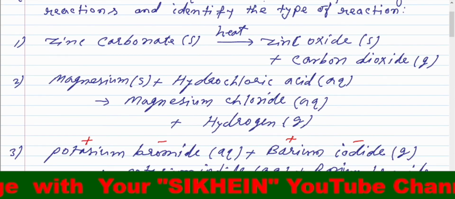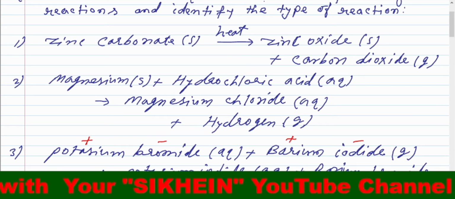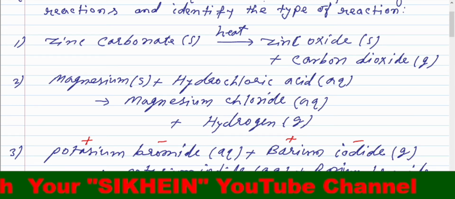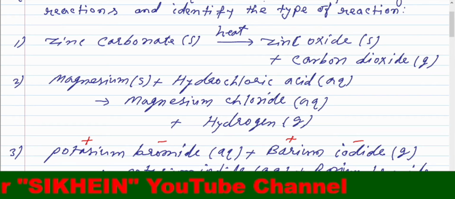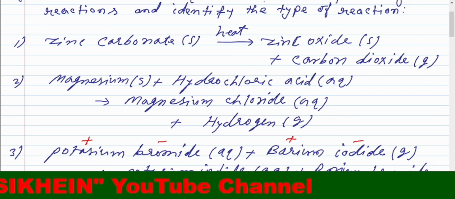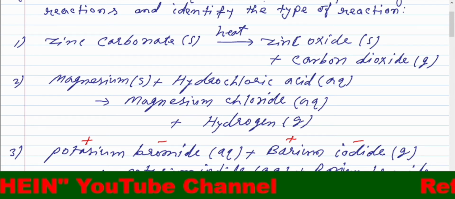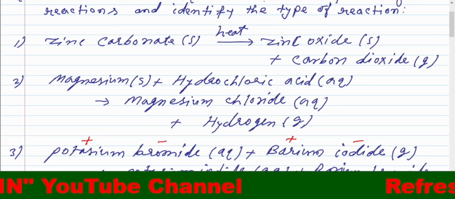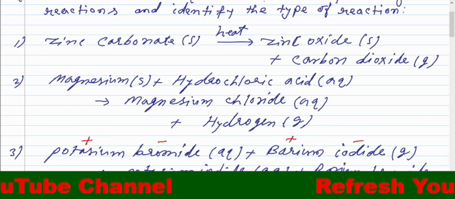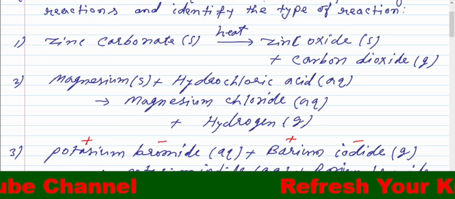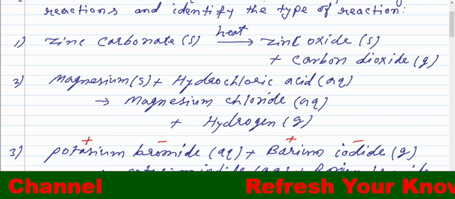In third, I have taken potassium bromide and barium iodide. When they react, that means a chemical reaction takes place, after it we get potassium iodide and barium bromide.